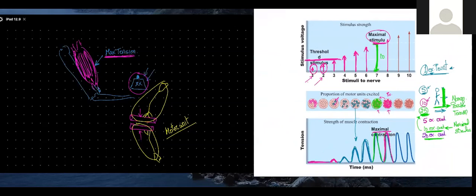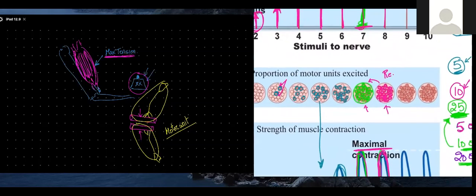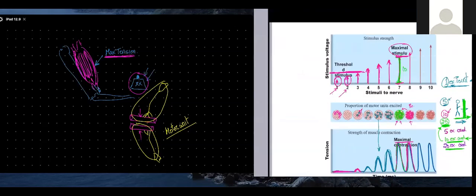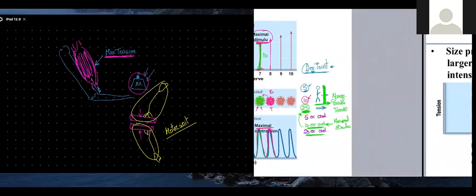It is the stimulus at which you're gonna be reaching the maximal contraction. Or in other words, the stimulus at which you're gonna be recruiting all the muscle fibers within the muscle. Questions?